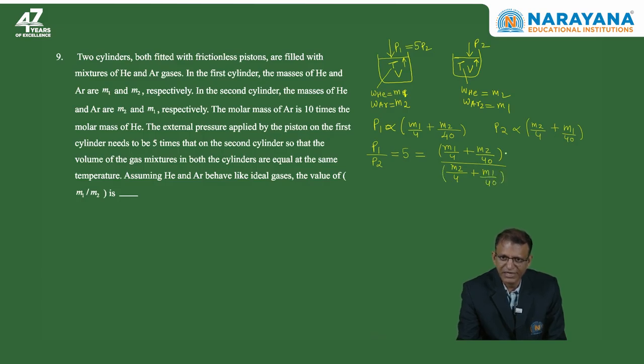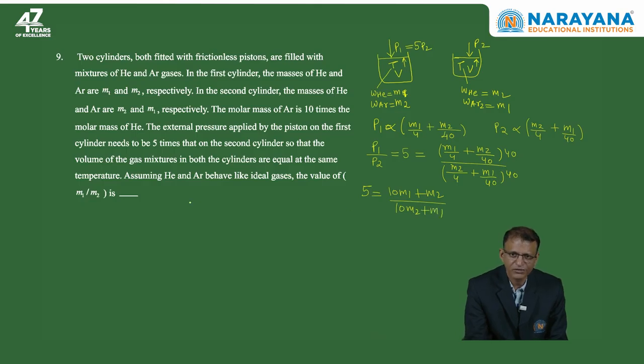If you multiply the numerator and denominator by 40, we can write that 5 is equal to 10 times M1 plus M2, divided by 10 times M2 plus M1. If we cross multiply, we can write that 50 times M2 plus 5 times M1 is equal to 10 times M1 plus M2.